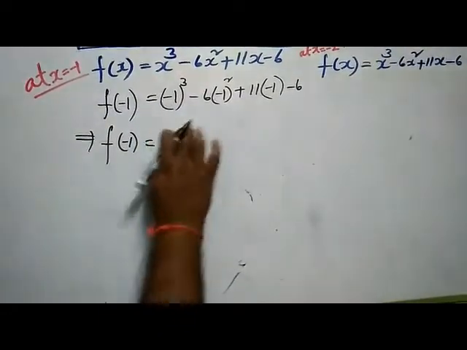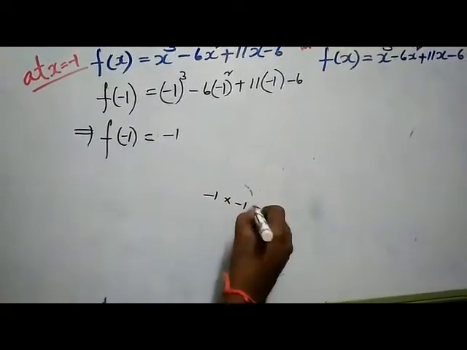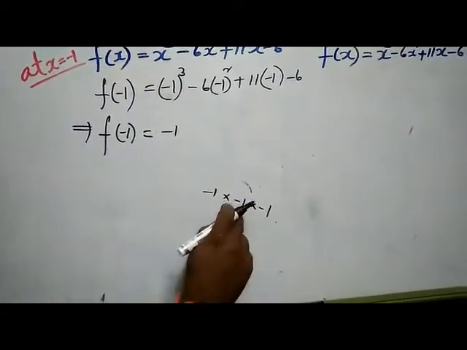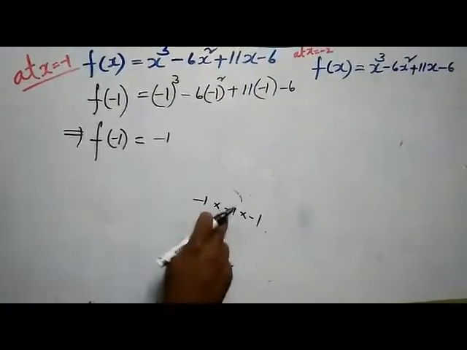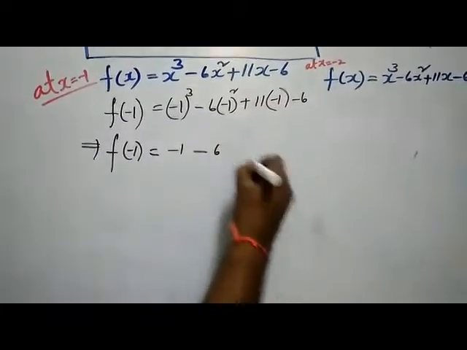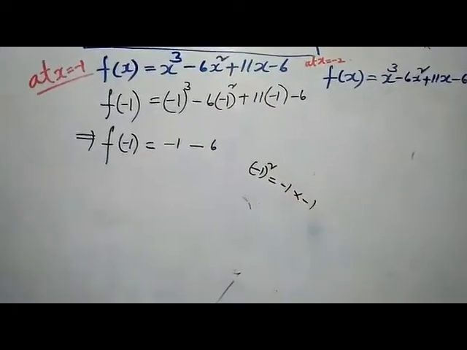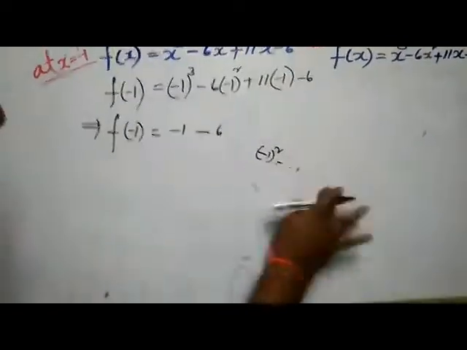Minus 1 whole cube is nothing but minus 1, minus 1 into minus 1 into minus 1. Minus into minus is plus, plus into minus is minus. Minus 1 minus 6 into minus 1 square value, minus 1 into minus 1 is plus 1.